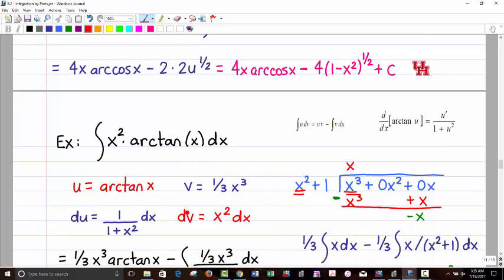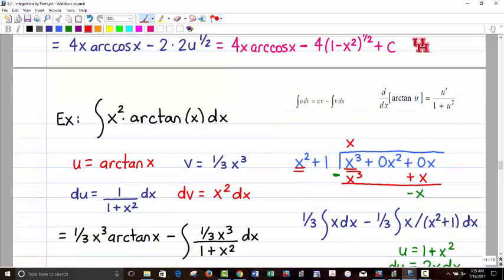Instead of drawing the connecting arrow, I must have decided halfway through, forget that, I got tired of that arrow, so I just colored them to match. So put them together, there we go, there's your integral, beautiful. Antiderivative of x squared, 1/3 x cubed, and the derivative of arc tan of x is 1 over 1 plus x squared. There's the arc tan formula right there.